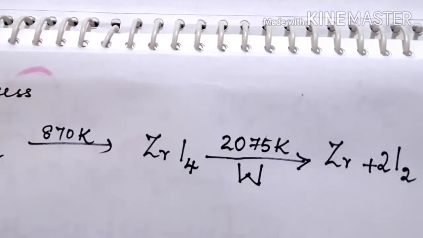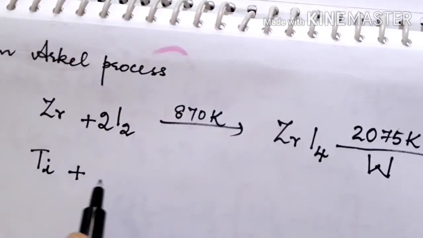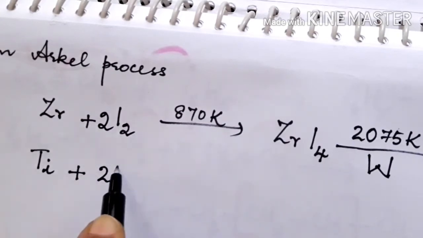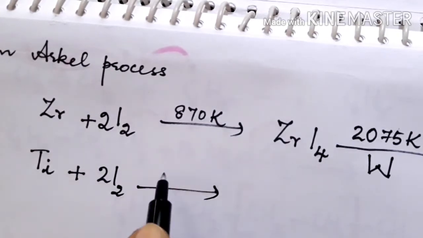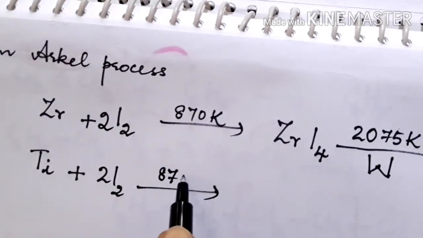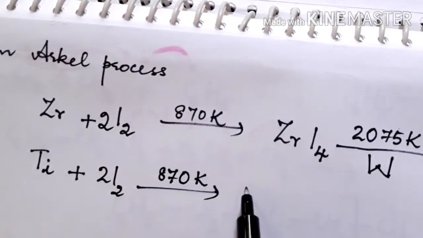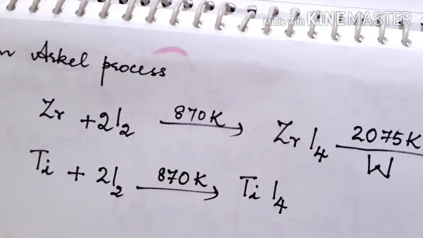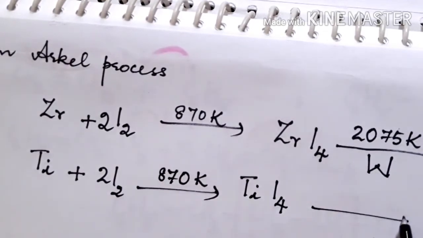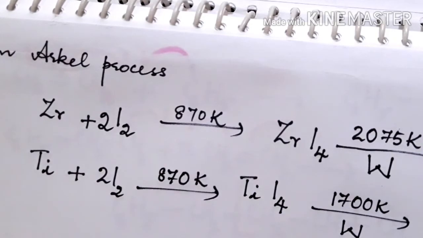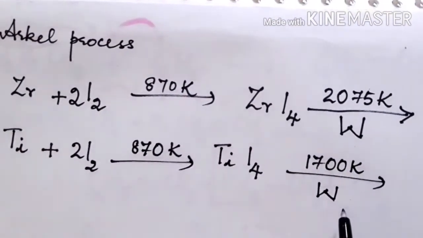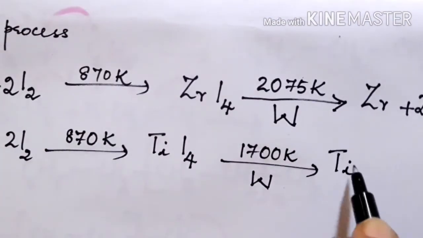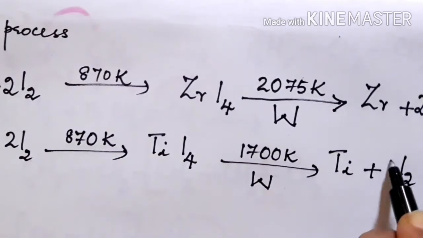Same is the case with titanium. The impure metal, when it is treated with iodine at the same temperature around 870 Kelvin, forms tetraiodo complex of titanium, which on heating at around 1700 Kelvin in the presence of tungsten filament forms pure titanium releasing iodine.